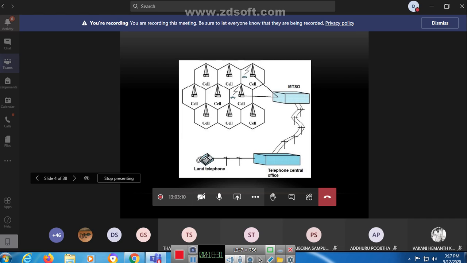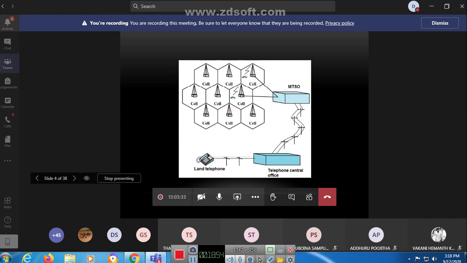If the signals are clear and the voice is good quality, there is no problem. If the service is good, that means this coverage area is covered with base station, mobile station, and central office, then only the service will be good.